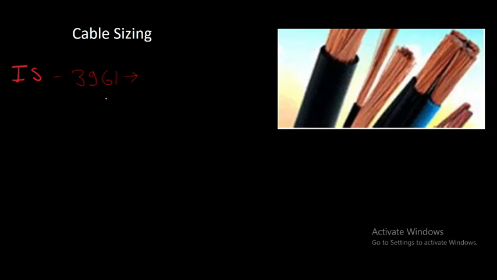This IS basically tells us the recommended current ratings for the cables, and this is especially for the LT cables and HT cables up to the 33 kV system.